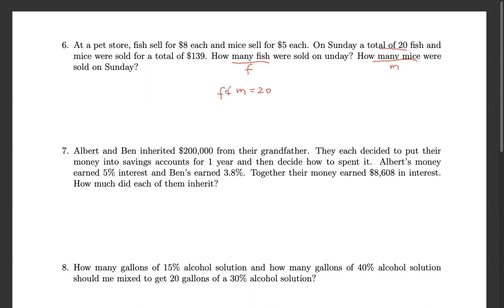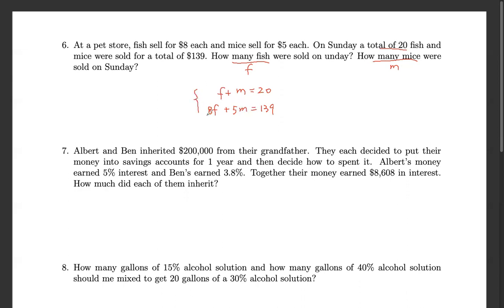We don't know how many of each yet, but we know a total of 20 were sold. How much money was made? $139. How much is each fish? Each fish sells for $8. The total amount of money from fish is 8 times F. And the $5 for each mouse. How many of them? M many of them. So the total is 5 times M.